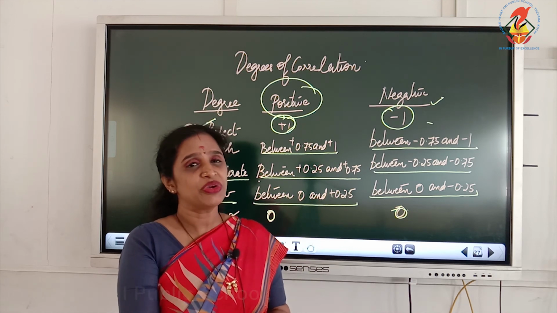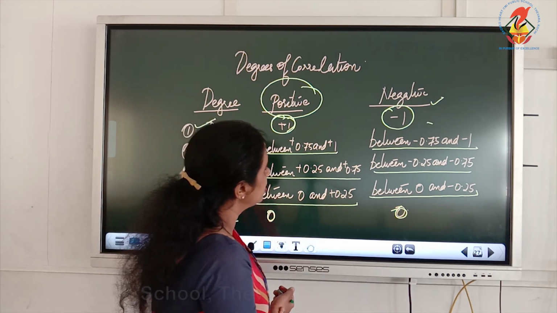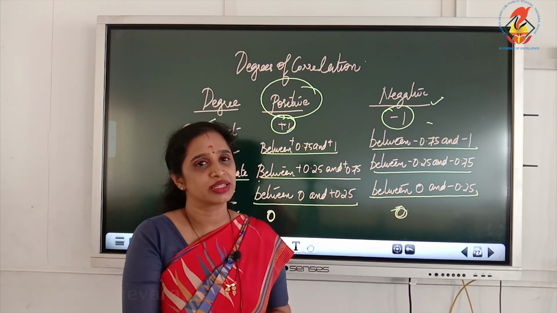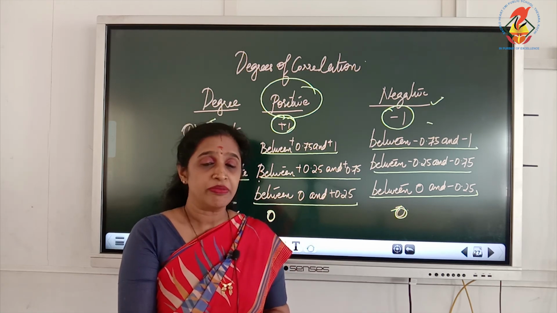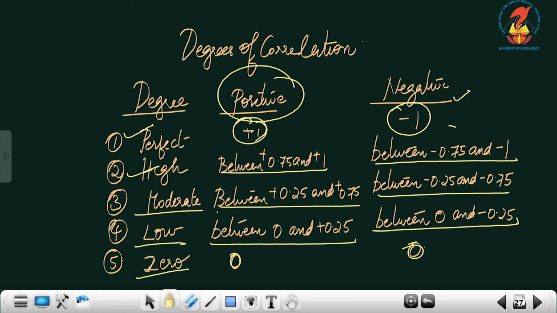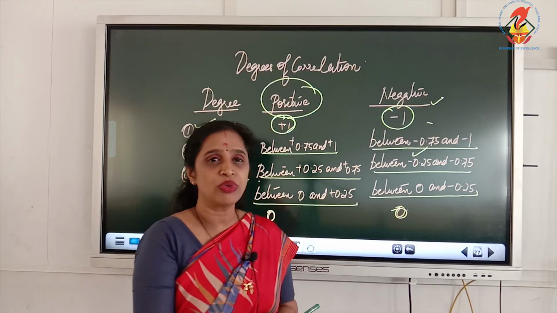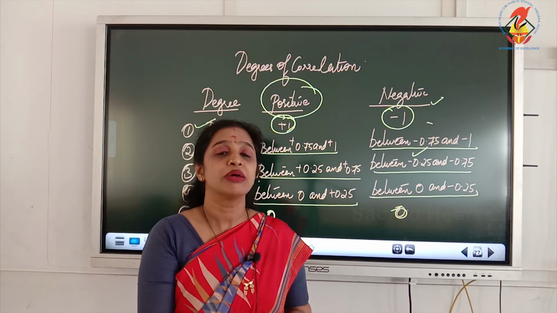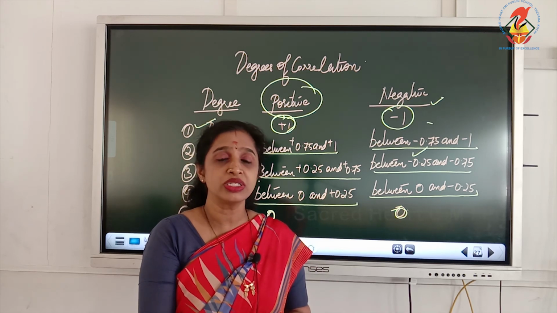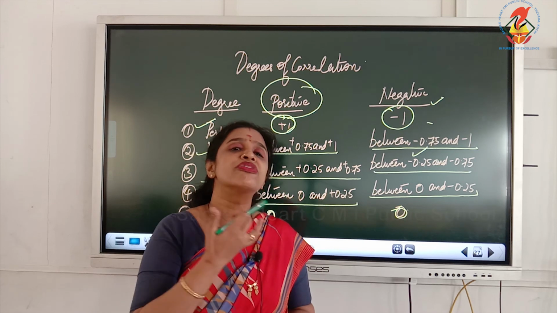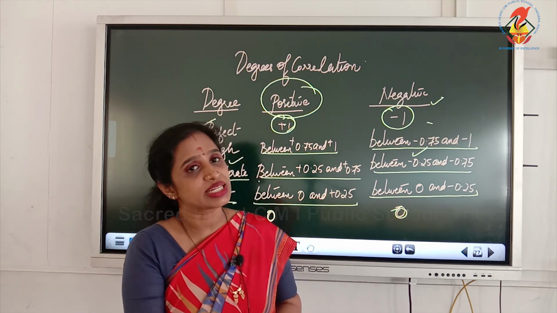So, whenever you are getting the answer, if it is minus 0.25 that you are getting as an answer, you can write there exists a moderate negative correlation. So, this is how you have to answer the question, the comment that you have to write by analyzing the correlation, because we are asked to find out what is the relationship, what is the degree of their relationship. So, you have to write it in that way.